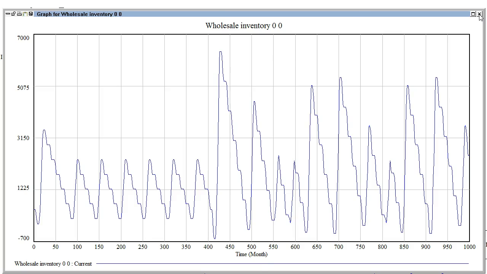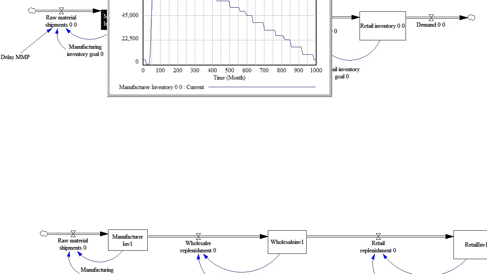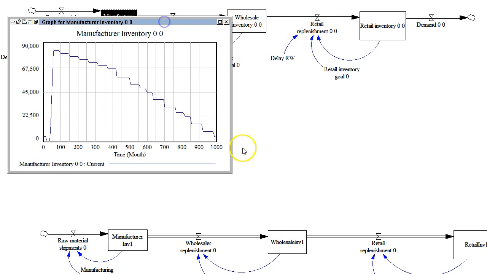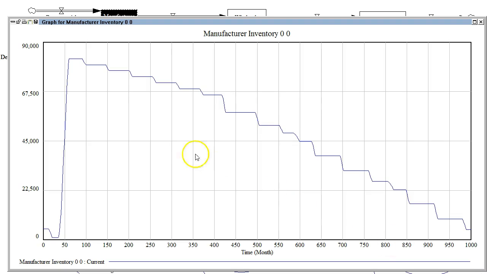What will happen with the inventory at the manufacturer? Well, that's a dramatic change, because now you have to produce around 80,000 units. Remember again, you're only consuming 50 per day.